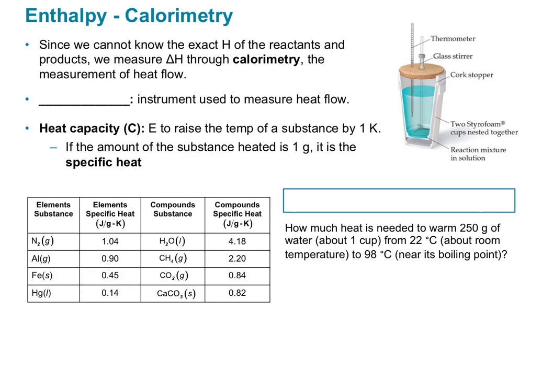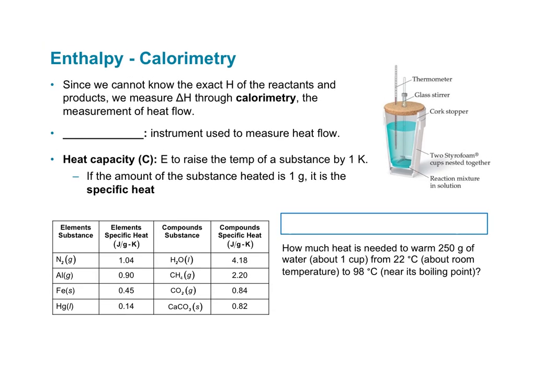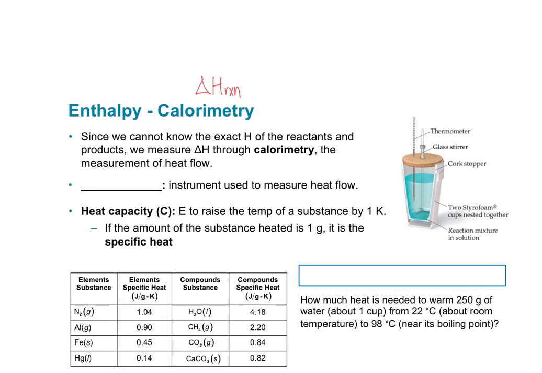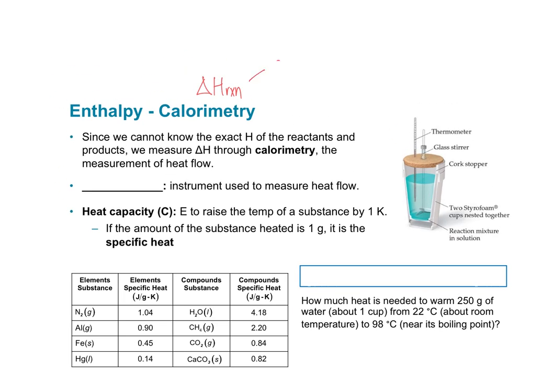The rest of Chapter 5 will all be about different ways that we can determine the enthalpy of reaction. There are going to be 5 different ways to find the enthalpy of reaction. Just a heads up, we're going to study calorimetry in section 5.5. We're going to study Hess's law in section 5.6.